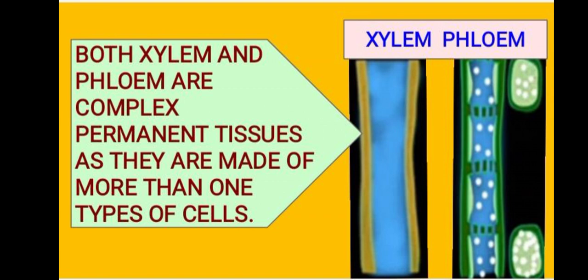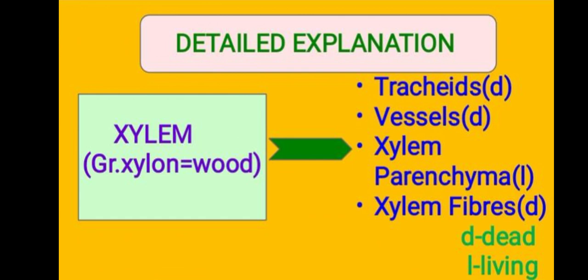Now, these xylem and phloem are made up of more than one type of cells. And by now we know that plant tissues which are made up of more than one type of cells are called complex permanent tissues. Let's have a detailed explanation of xylem tissue.